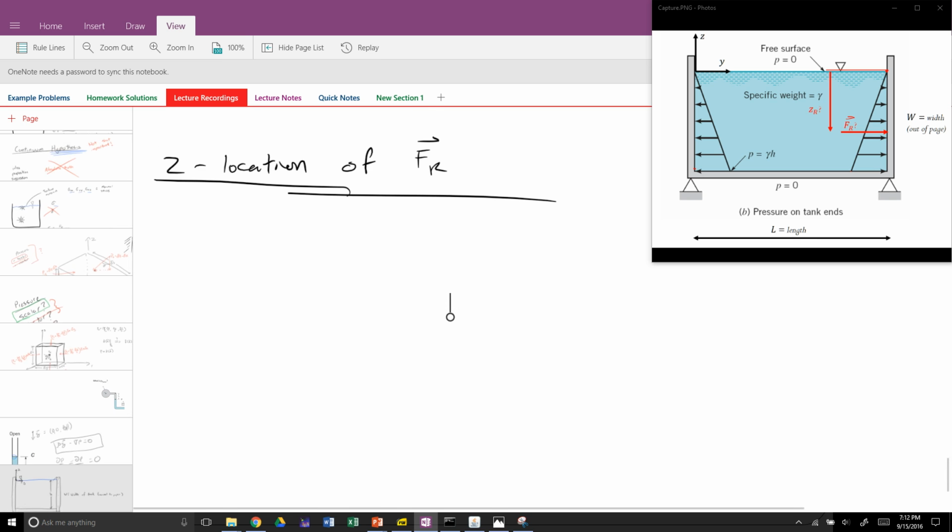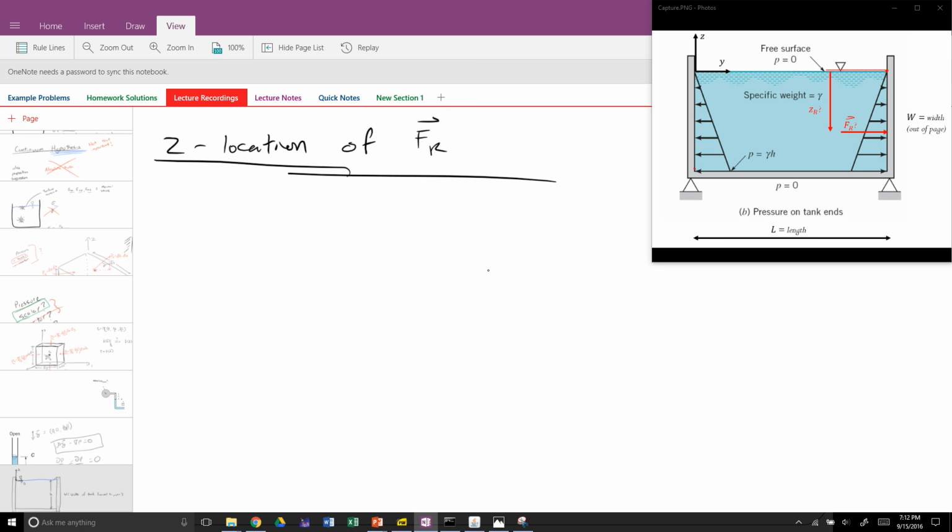So again, we're going to use the equivalent moment formulation here, where we can say that the resultant z times the magnitude of the resultant force is equal to the integral over the area of z times our little differential force here.